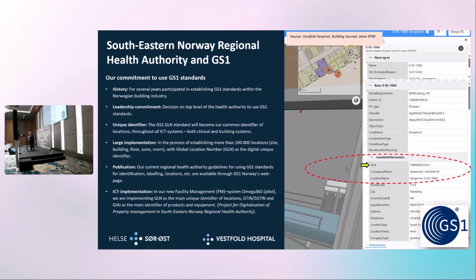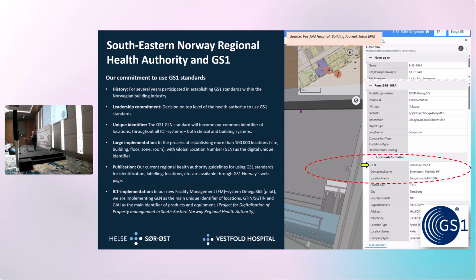We also have the publications, all our different guides. They are established in GS1 Norway's web pages, and we have an ICT implementation. Two years ago, we had a competition, and we decided to go for a new FM system.